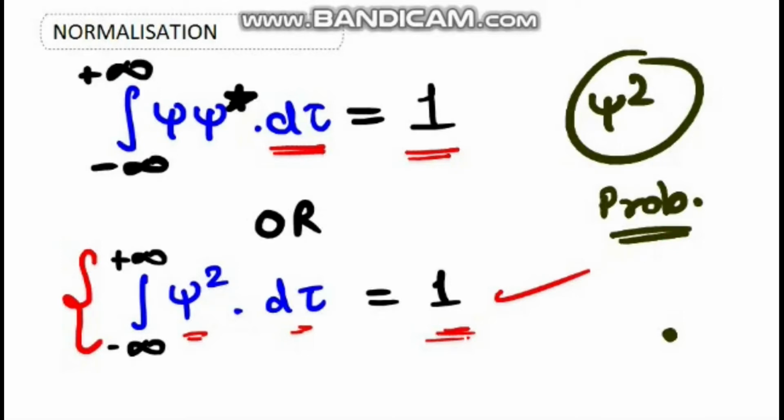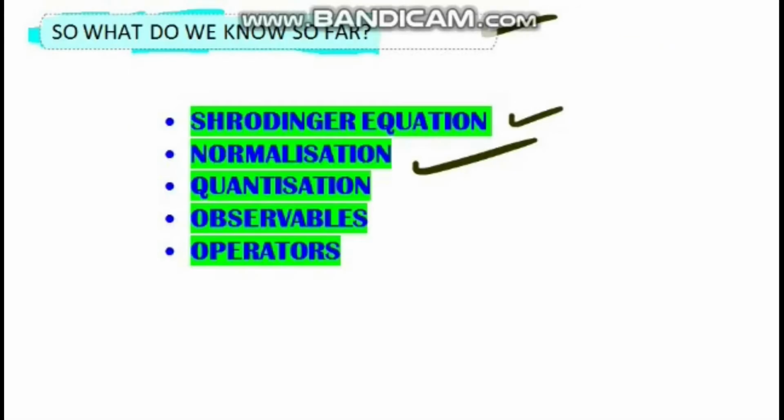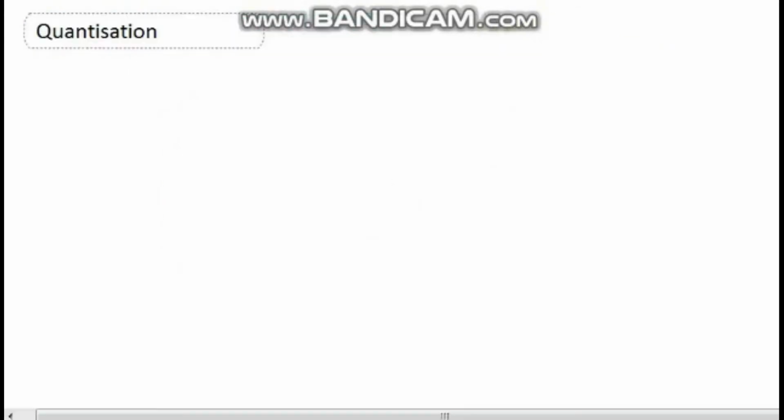Now let's move on to the current topic, that is quantization. So what is quantization? As we know, many values of psi are possible for Schrödinger's equation. You solve it and you get many values, and most of them we ruled out during normalization.